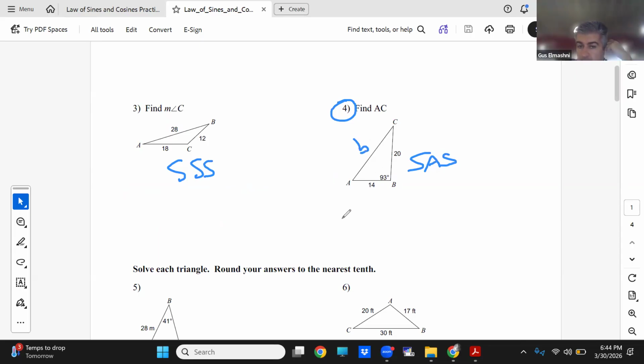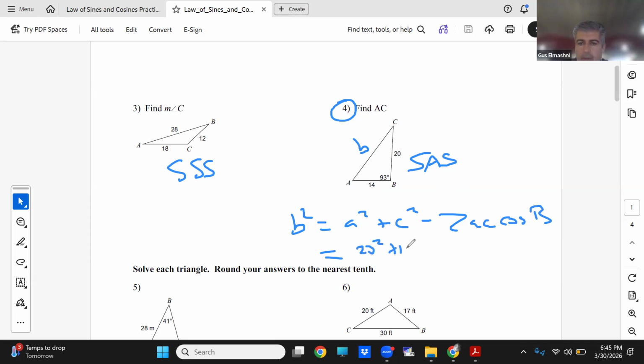So if I call this a little b here, then b squared equals a squared plus c squared. You put the other two sides on the other side of the equation. So that's going to be 20 squared plus 14 squared minus 2 times 20 times 14.